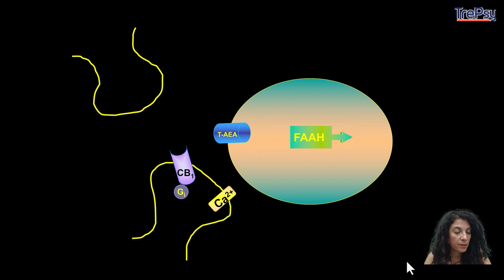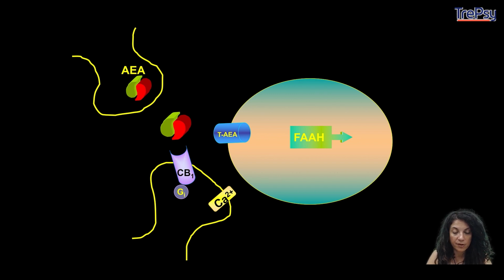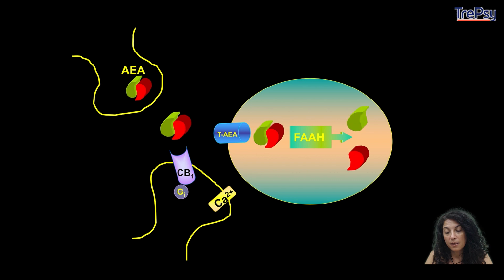What can I do if I need more anandamide in the synaptic space? So anandamide is released and binds or acts on the CB1 receptor that activates a G protein and inhibits a calcium channel. Then the anandamide is transported into the cell through the specific transporter, and it's degraded by fatty acid amide hydrolase into ethanolamine and arachidonic acid.